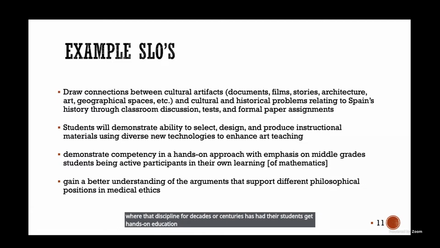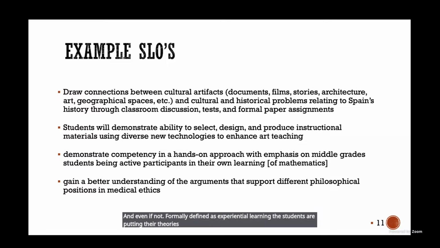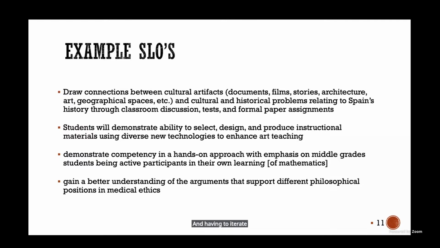Even if not formally defined as experiential learning, the students are putting their theories to test and getting real world feedback and having to iterate their way through learning how to do the core competencies of that discipline.